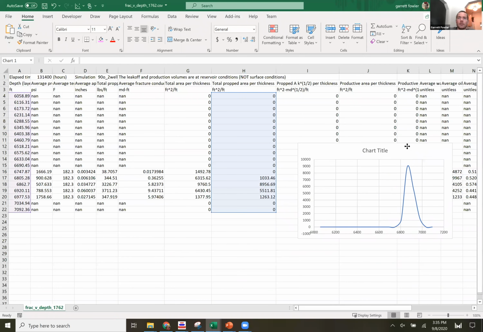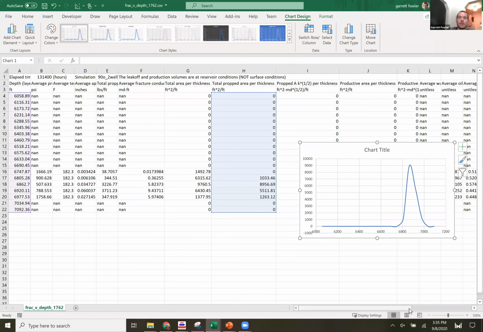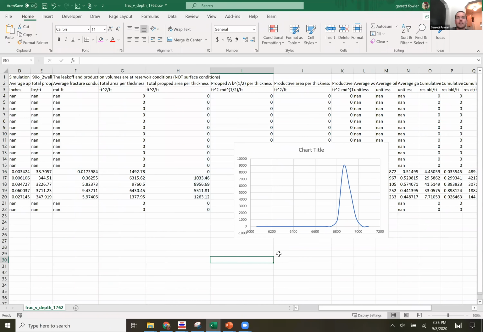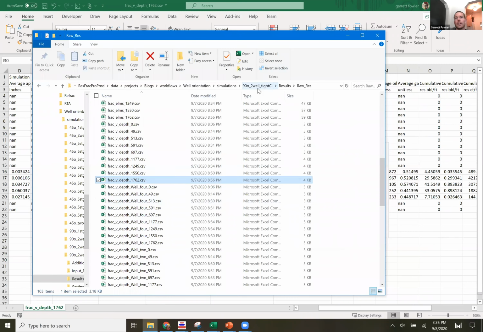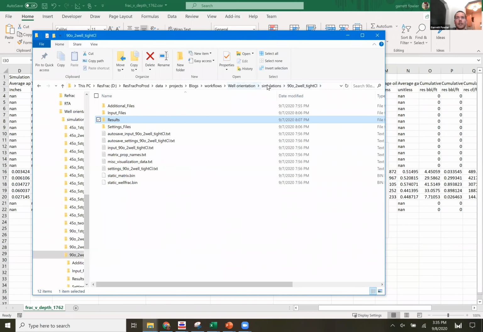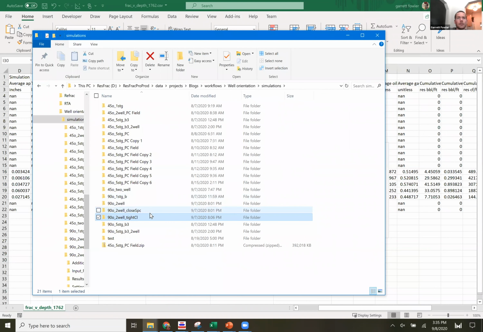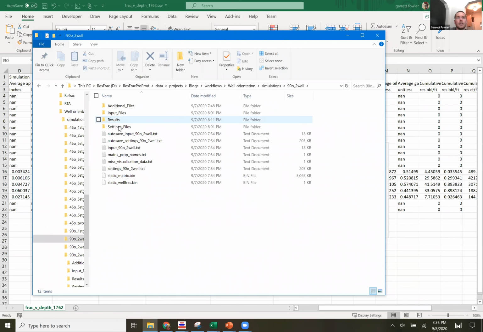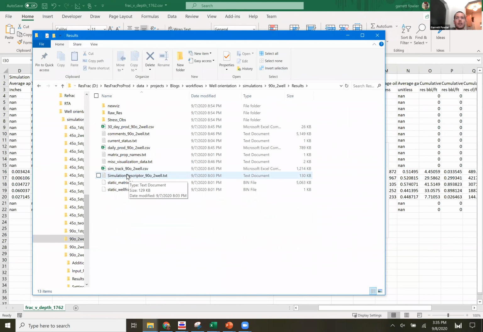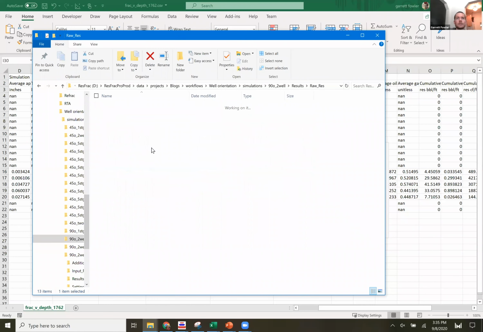And so what I can do is plot this versus other simulations. So for instance, there was a simulation where that is the tight cluster spacing. So if I come back and open up my original simulation, one effect of moving clusters closer together is that there is more stress shadowing.